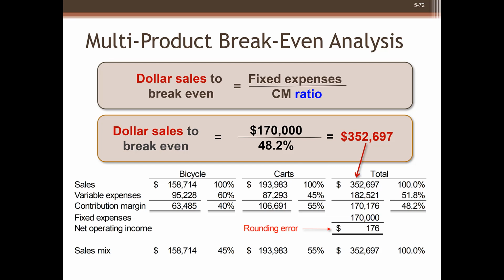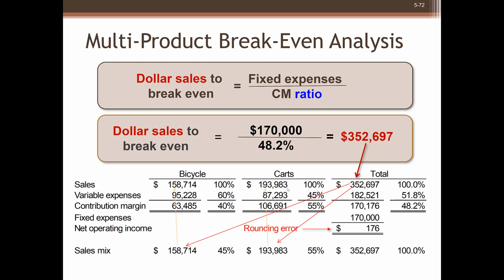So now we can calculate break-even sales for bicycles: total sales for the company multiplied by 45%, and we get $158,714. For cards, we use total sales multiplied by 55%, and we get $193,983. This is dollar sales to break even for cards.